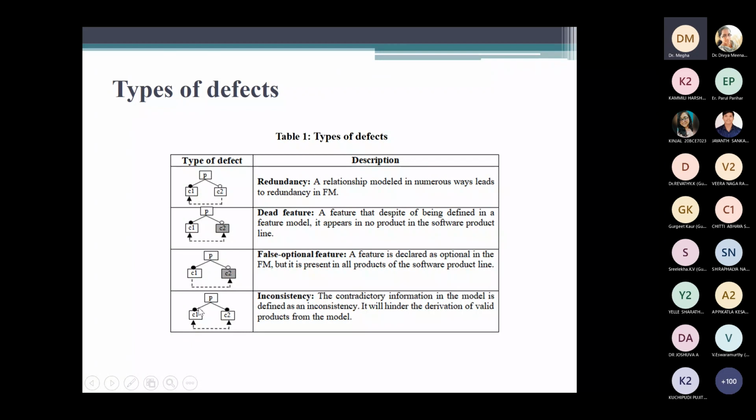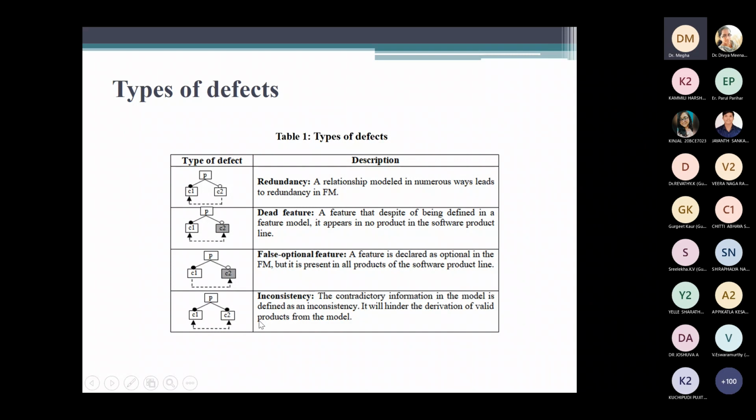Now the next one is inconsistency. We might have heard about conflicting or contradictory information. Let's understand it with the help of this notation. P is the parent feature, and C1 and C2 are the child features, but we can see that these are mandatory features, which means they are going to be part of valid products.